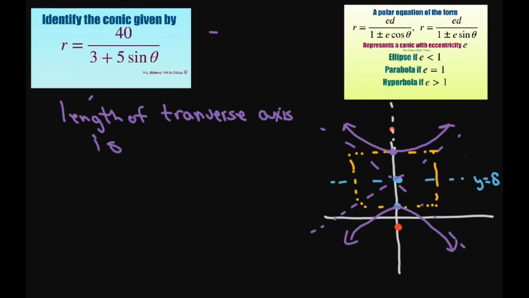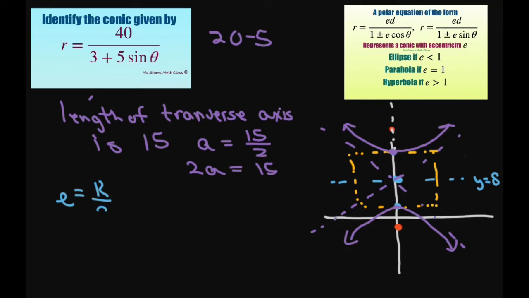I just did 20 minus 5. So that means a equals 15 divided by 2. We have basically 2a equals 15, so a is 15 divided by 2. We also know that e equals c divided by a.